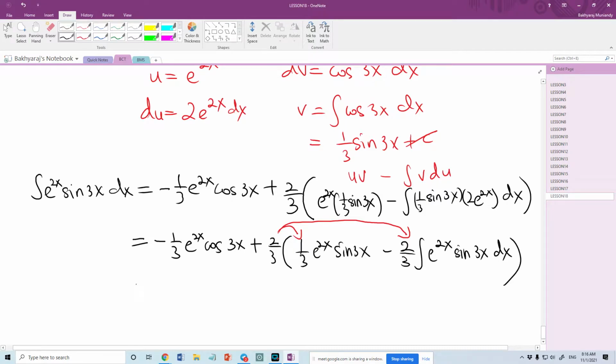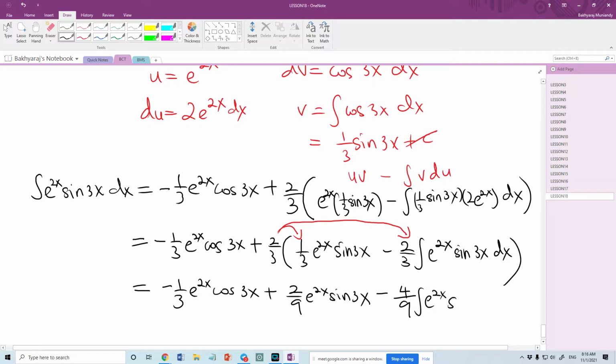So I get: equal negative 1 over 3 exponent 2x cos 3x plus 2 over 9 exponent 2x sin 3x, and then minus 2 times 2 becomes 4 over 9, and then integrate exponent 2x sin 3x dx.